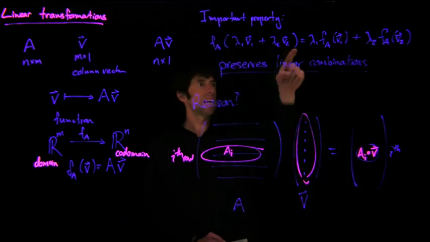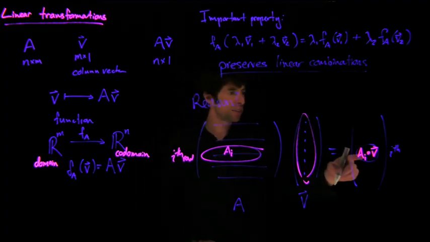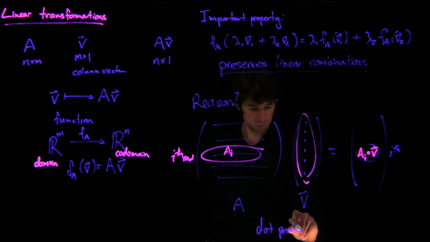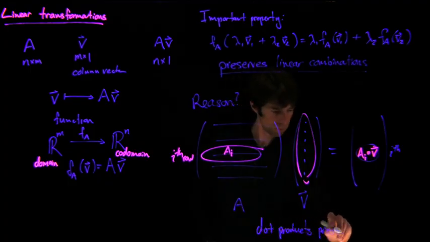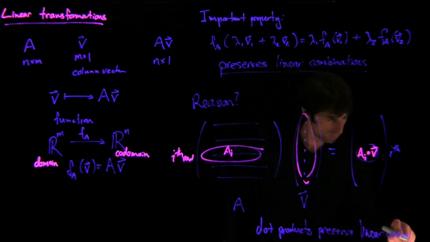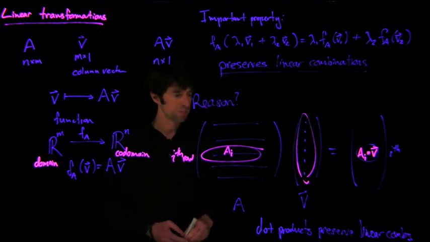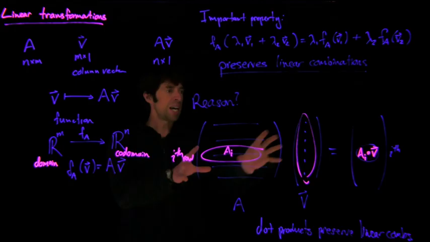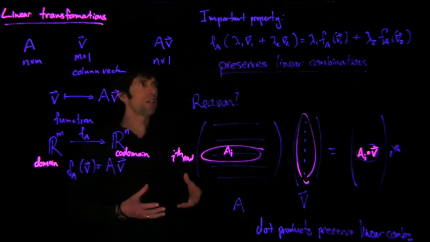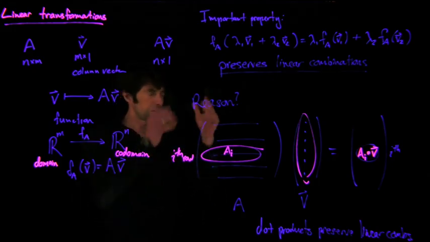And the fact that this function we're defining preserves linear combinations comes from the fact that dot products preserve linear combinations. And you can very easily check that just by writing it out. So understanding how matrix multiplication works gives us this understanding of this very special property of these maps defined by matrix multiplication.